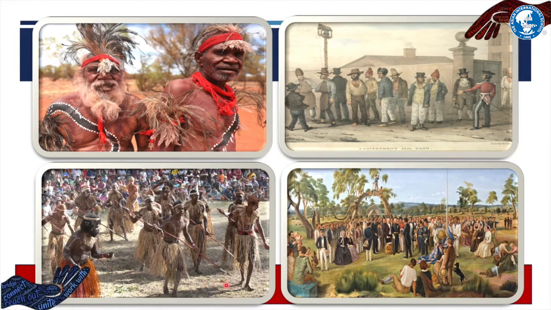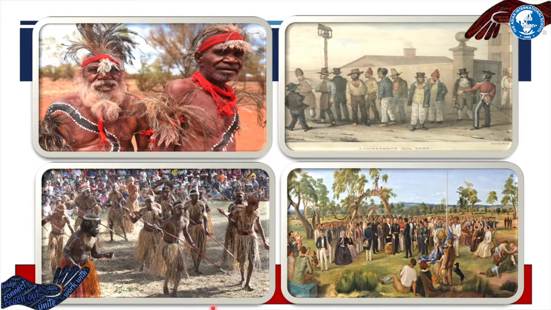So in Australia, there were hundreds of different or diverse Aboriginal and Torres Strait Islander tribes. Now, in the 1770s, the British arrived and colonized their land. Britain transported their convicts there, and later, thousands of free settlers from England, Scotland, Ireland, and Wales migrated to Australia.